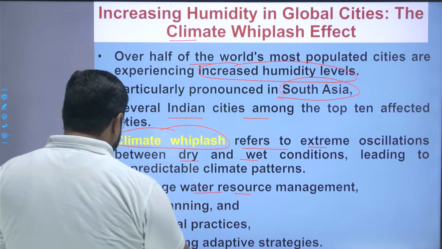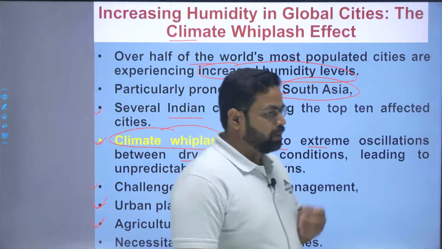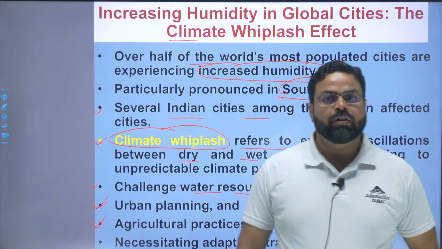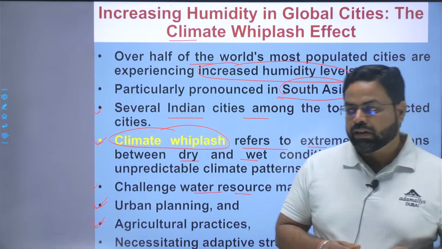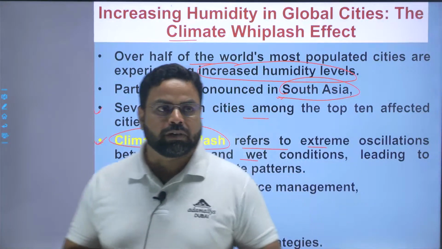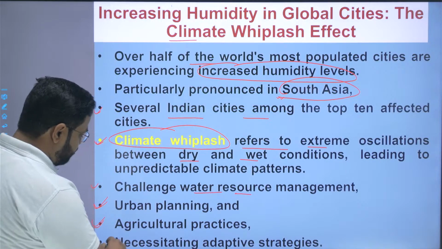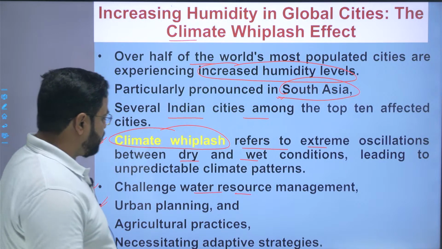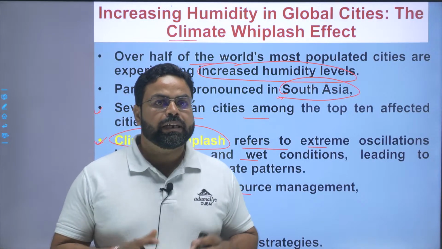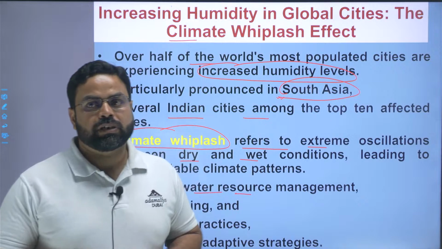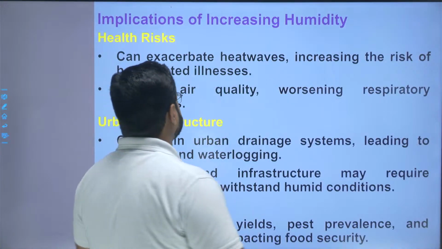Agricultural practices should be planned in a better way so as to address water logging, surface runoff, as well as water scarcity during the dry season and the need for irrigation during the dry spells. Thereafter, there is a necessity for adaptive strategies. All these things should be addressed by adaptive strategies to deal with the extremes of dry spells and wet spells, right?